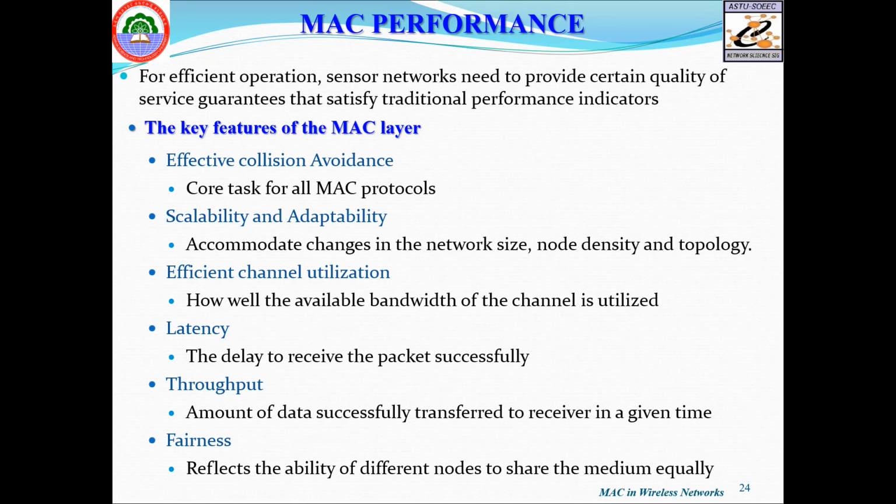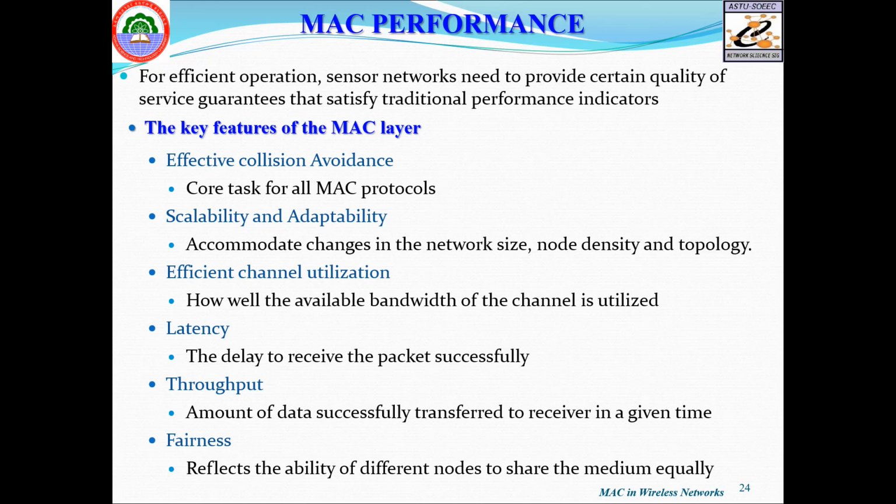This is a very important factor for any design of MAC protocol used in wireless sensor networks. It applies to all MAC protocols designed for use not only in wireless sensor networks but in any kind of network.